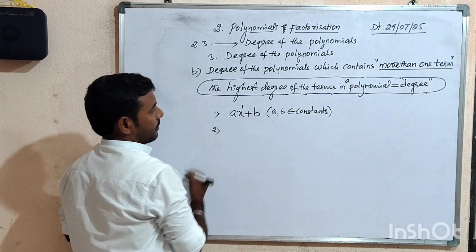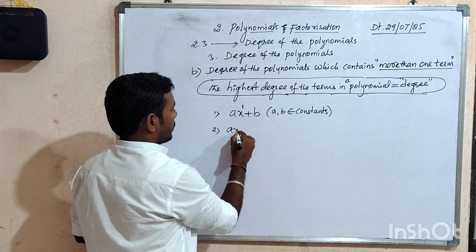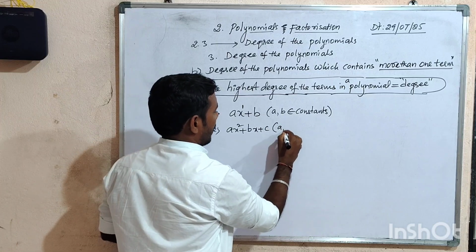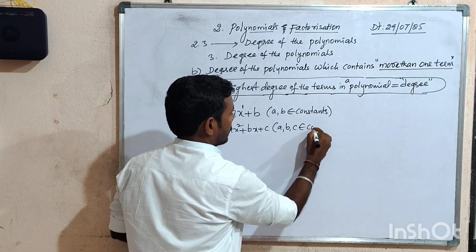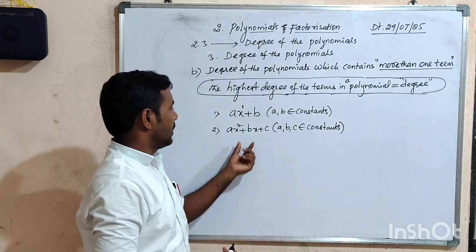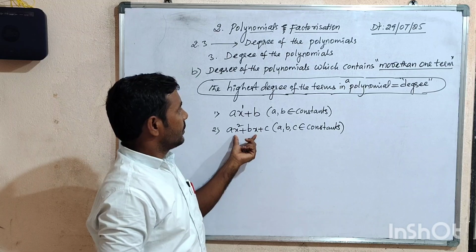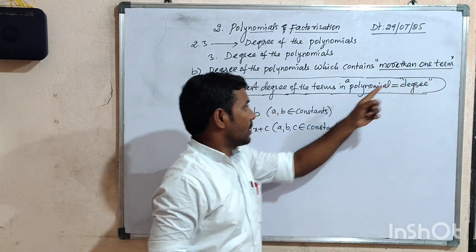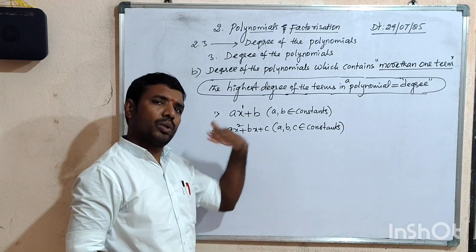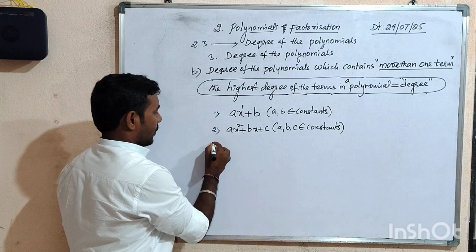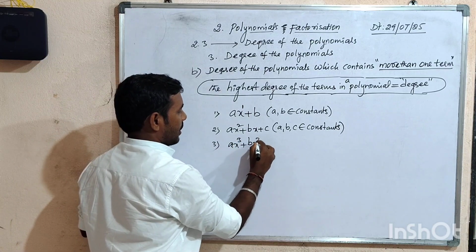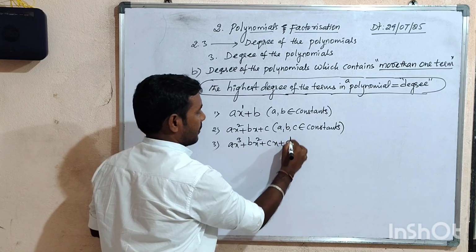Now let us go with one more. ax square plus bx plus c, where a, b, c belong to constants. Here all three are constants only. Here also, same. It is one of the polynomials and it has more than one term. More than one term in the sense of maybe 2, 3, 4, more than that. Whatever. Let us go with the third one. ax cube plus bx square plus cx plus d.